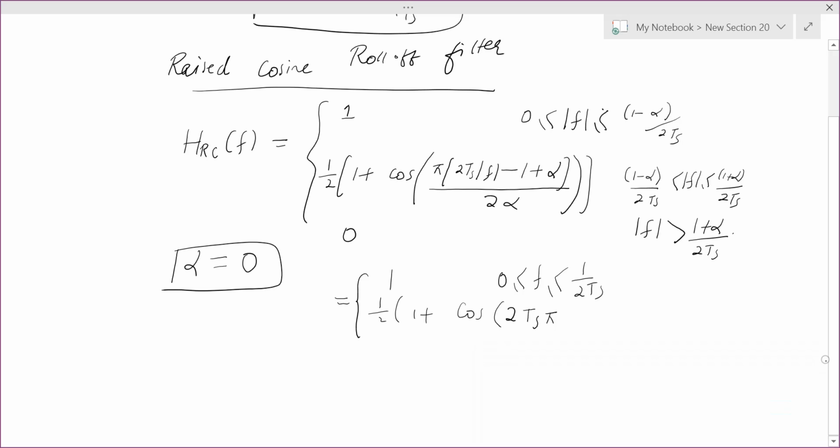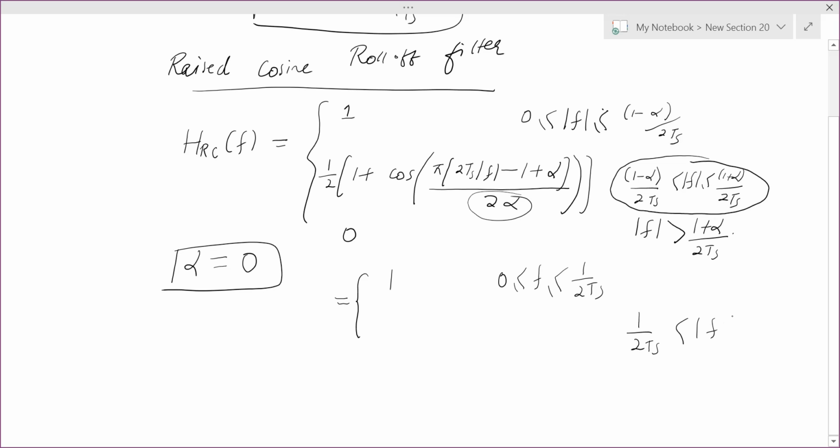There is alpha in the denominator, but what we observe is that you don't evaluate this term first; you observe that when you put alpha equal to 0, this range will disappear. Why? Because when alpha is 0, 1 divided by 2Ts less than mod f less than 1 by 2Ts, so this range is not there at all.